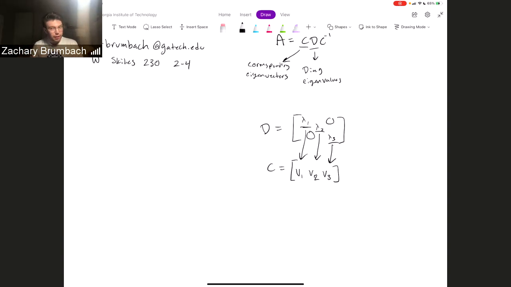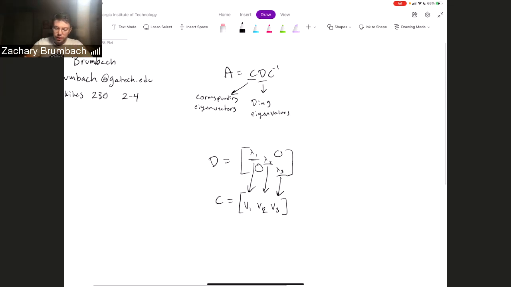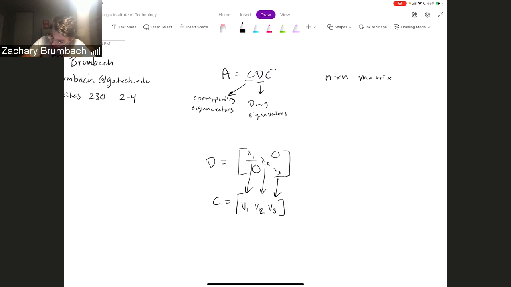So how can you tell if something is diagonalizable? You have to find your eigenvectors. For an n by n matrix, it is diagonalizable if you have n linearly independent eigenvectors.